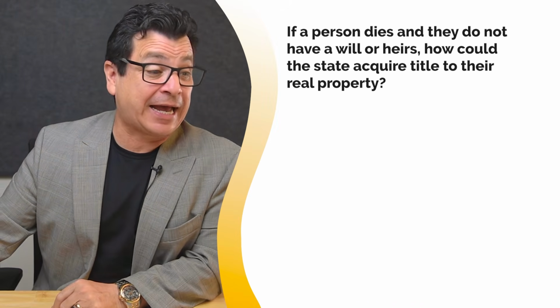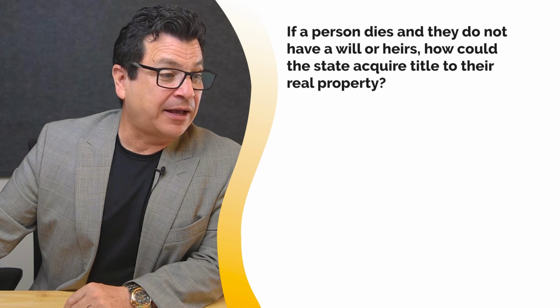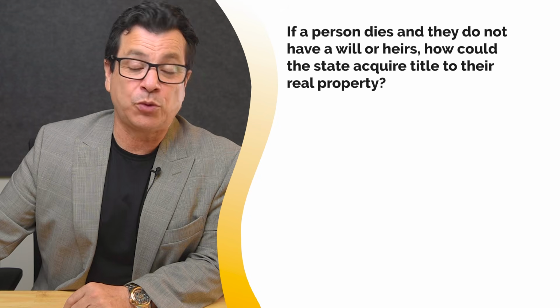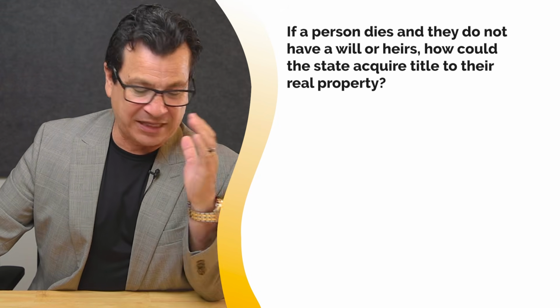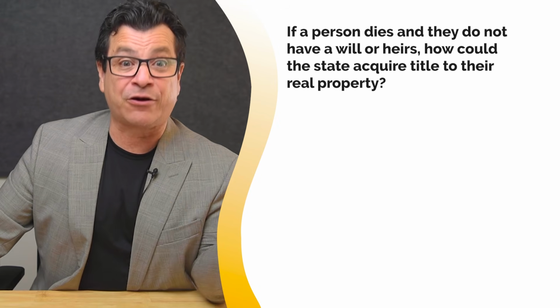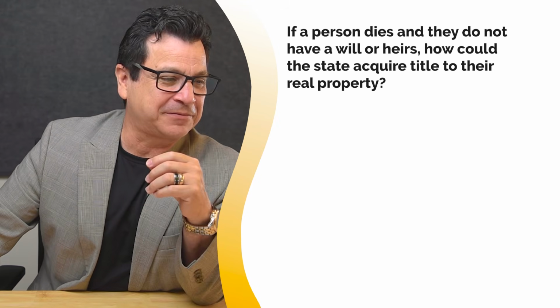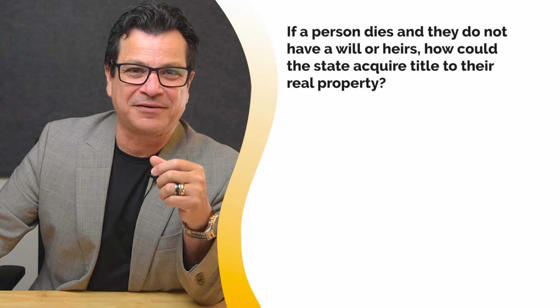If a person dies and they do not have a will or heirs, how could the state acquire title to their real property? Oh, this is a very interesting question. Somebody passes away, they didn't leave a will, they don't have any heirs, but they have property. Well, who takes the property? What happens here? How could the state acquire title to that property?